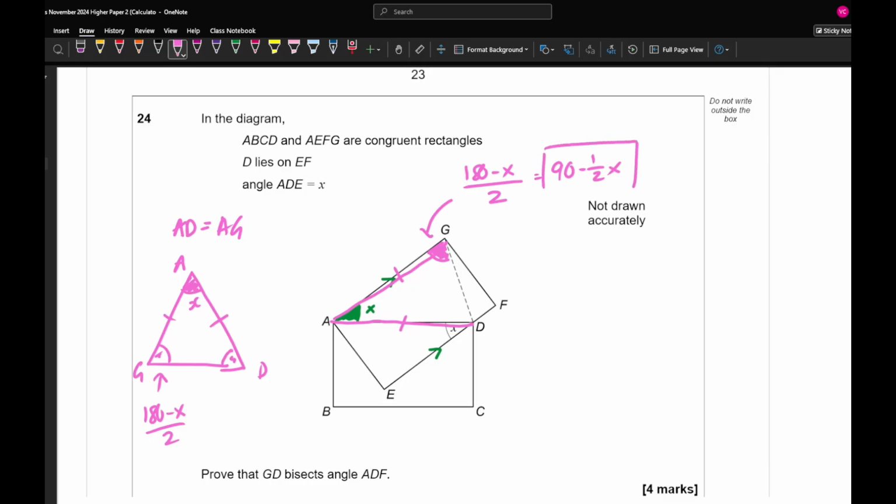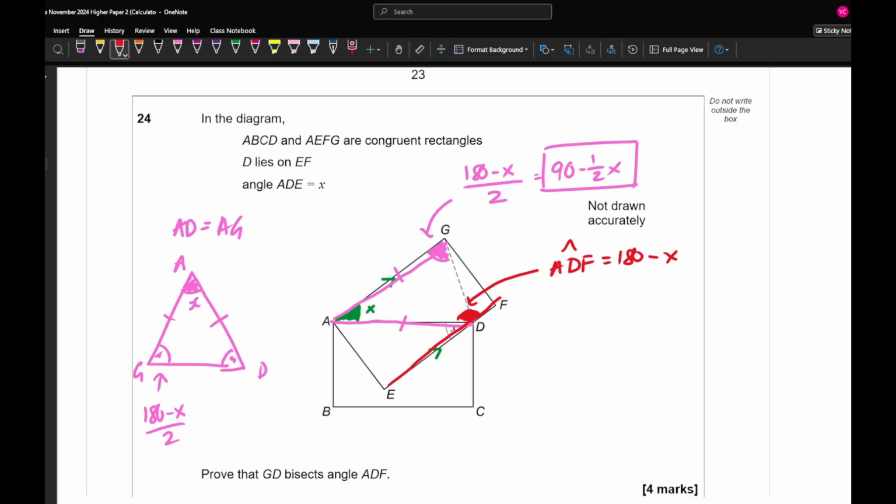So let me just put a little box around that. And then I can work out what this angle is. Because A to F is a straight line, this angle here of ADF is going to be 180 minus x.